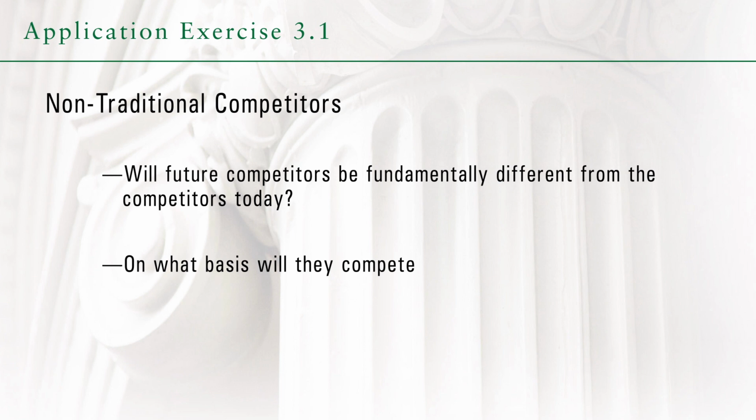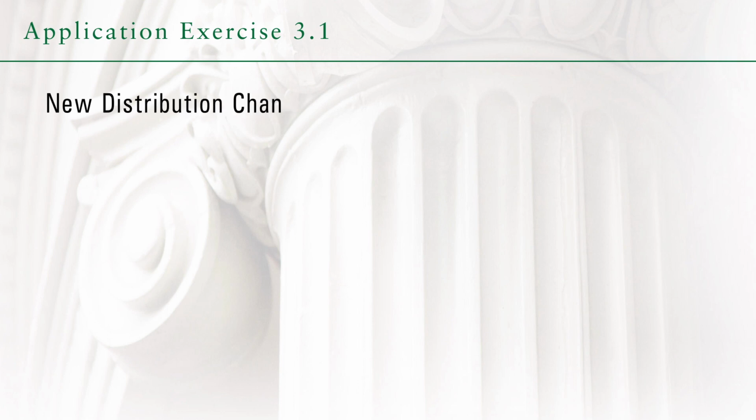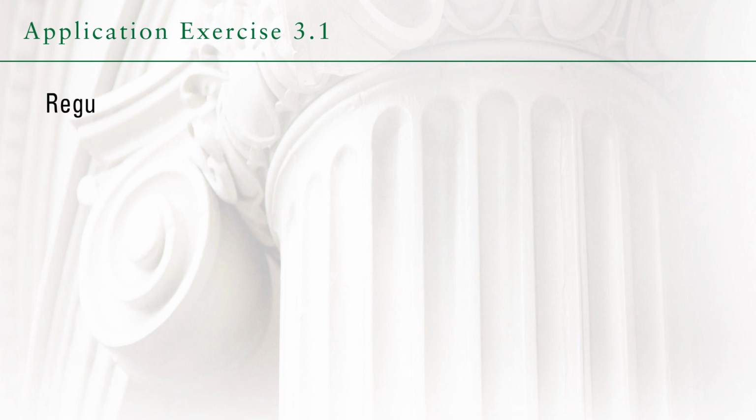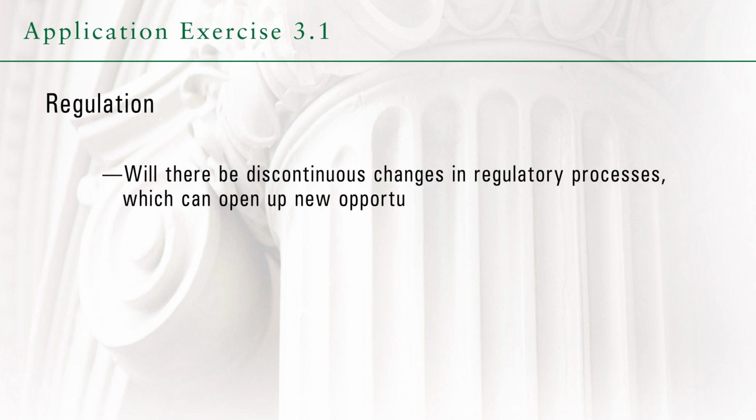And on what basis will they be competing with you in the future? Fourth, go-to-market strategy. Will there be non-linear changes in distribution channels, which will again demand box 3 innovation? How about regulation? Will there be discontinuous changes in regulatory processes, which can again open up new opportunities?